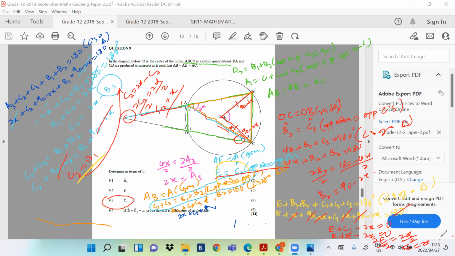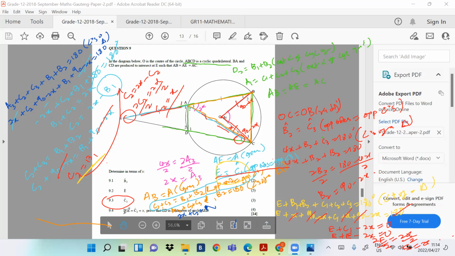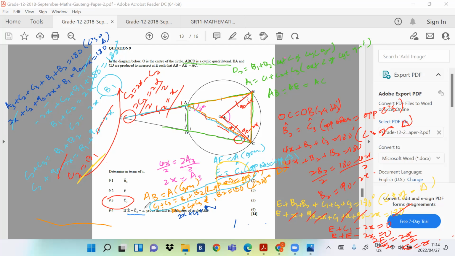Happy? Yes. Now, the last question, 9.4. If E is equal to C2, now they're telling you that E is C2, which is x. So we know that this is x also. They also tell us that C is x. We also have proven it in our own way anyway.